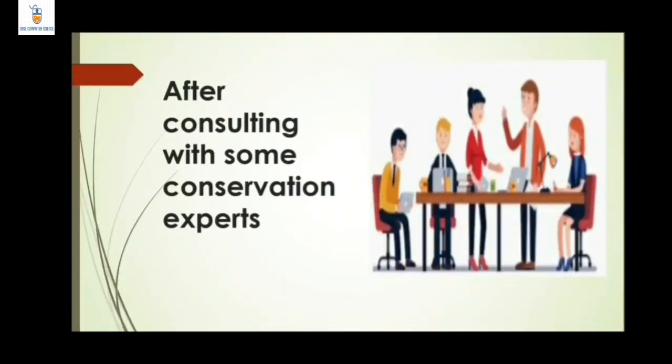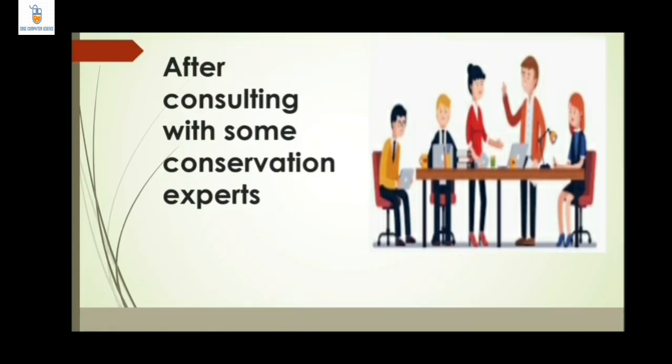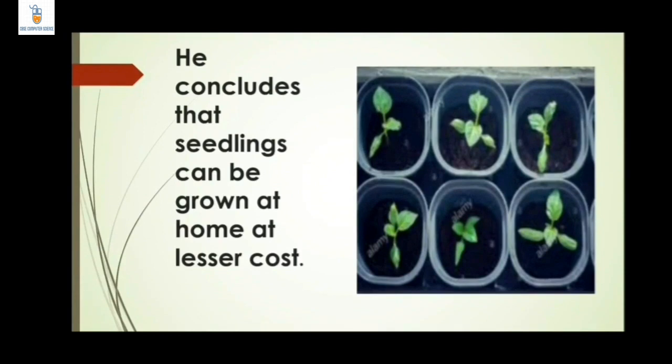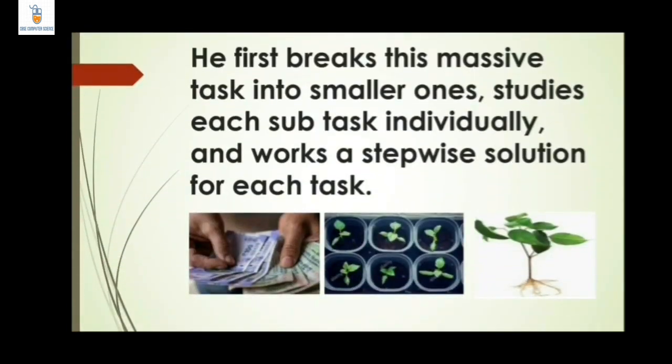After doing a lot of research online and consulting conservation experts and other people, he concluded that seedlings can be grown at home at lesser cost. So he decided to grow the seedlings at home. He first breaks this massive task into smaller ones, studies each subtask individually and works out a stepwise solution for each.